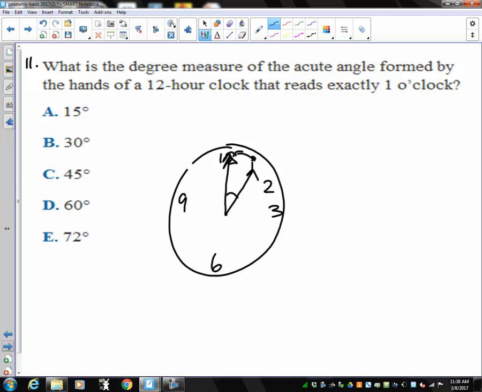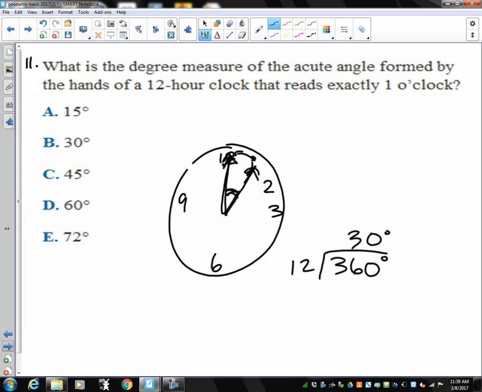Okay. Now here's another way. We have 360 degrees in my clock, and my clock is divided up into 12 hours. We'll say 360 divided by 12 here. And so that would be 30 degrees. So that means each hour that passes here, the clock hand just moves 30 degrees.